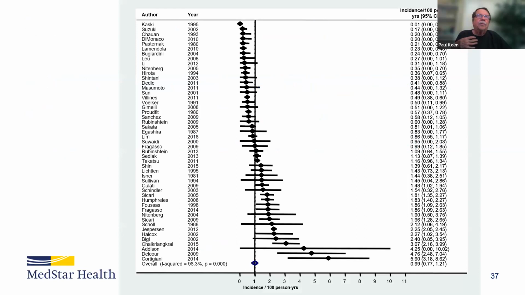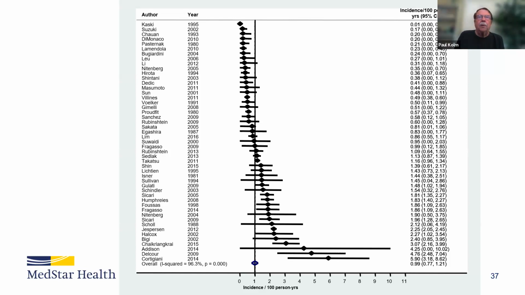And so if I order from the smallest to the largest, I get this sort of pattern. And so you can see that there are studies where the incidence per 100 person years is quite small, whereas at some point it becomes larger than 1, and at the end quite a bit larger than 1.